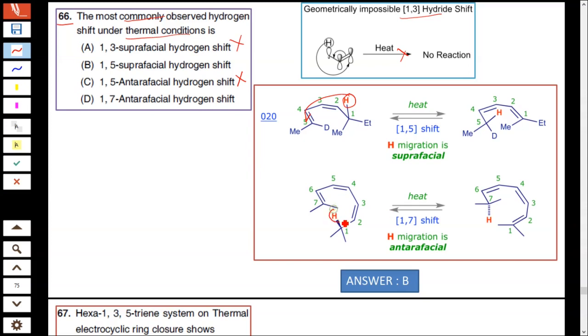A 1,7 hydride shift in antarafacial manner is also possible under thermal condition. Among options B and D, they are asking for the most commonly observed hydrogen shift. The most common is the 1,5 suprafacial hydrogen shift. Hence option B is correct.